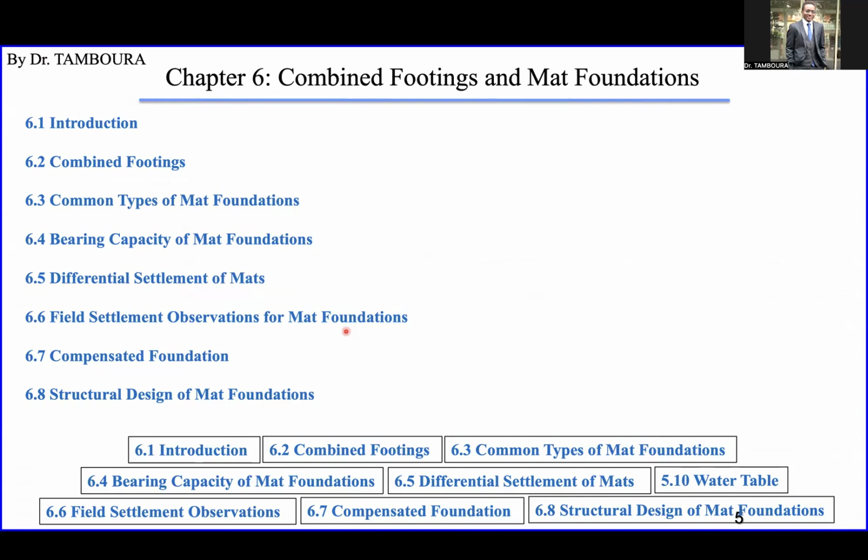Okay, field settlement observation for mat foundation, and compensated foundation, and at the end we will talk about how to design, okay, structural design of mat foundation. Yeah, this is roughly what we are going to discuss in this chapter.